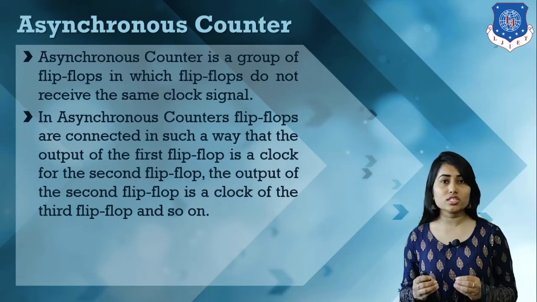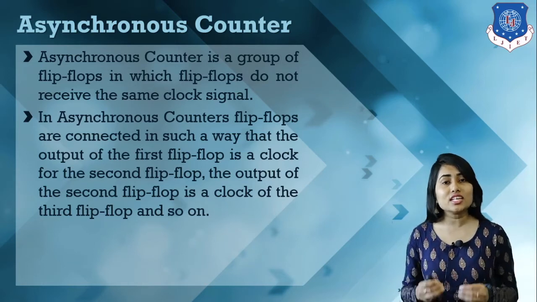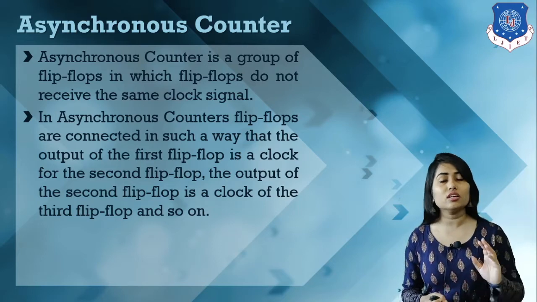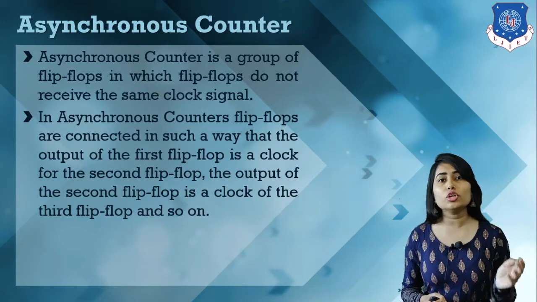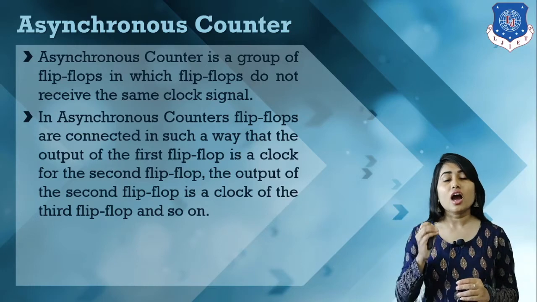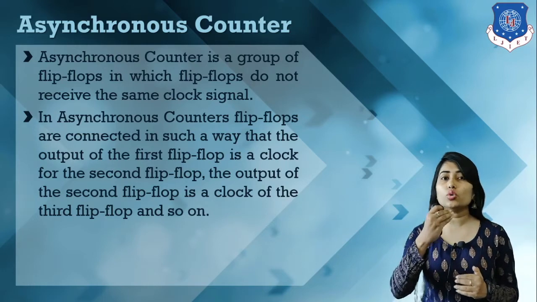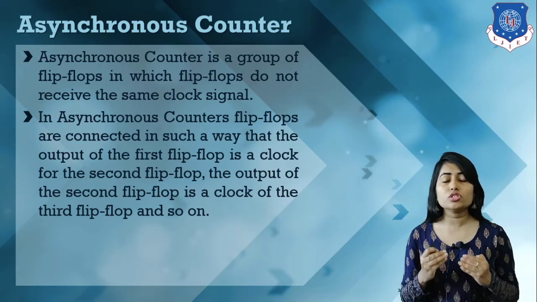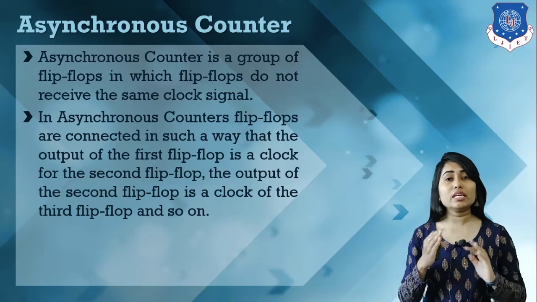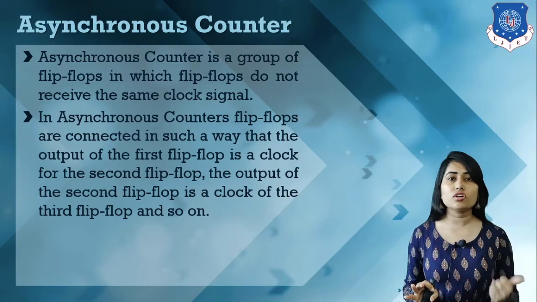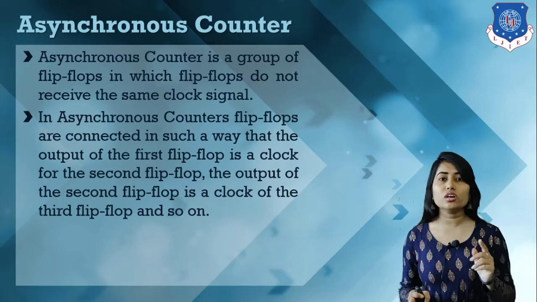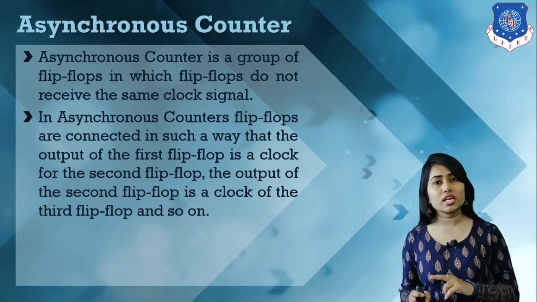In an asynchronous counter, the flip-flops are connected such that the first flip-flop is triggered by an external clock signal. After that, the output of the first flip-flop, either Q or Q dash, is given to the second flip-flop as a clock.